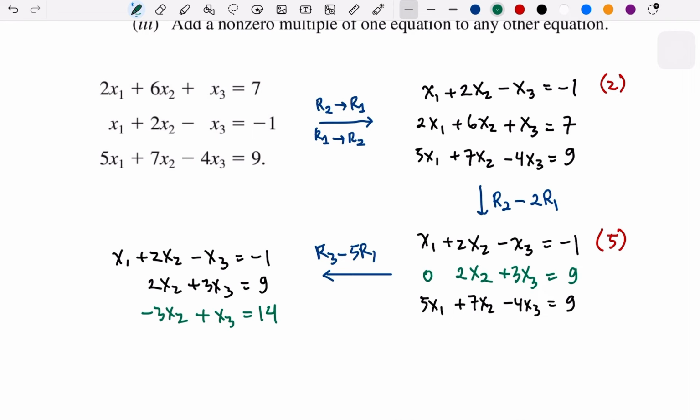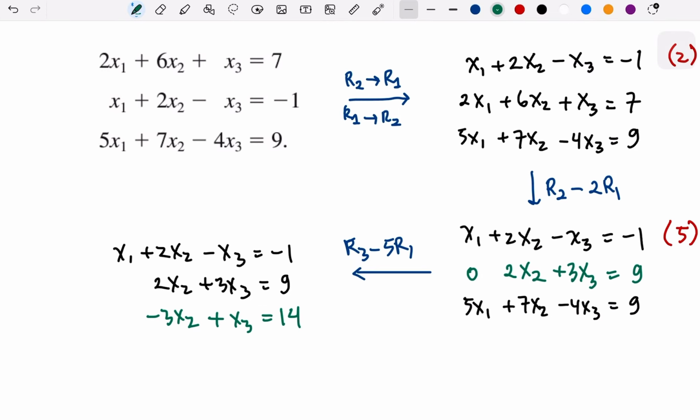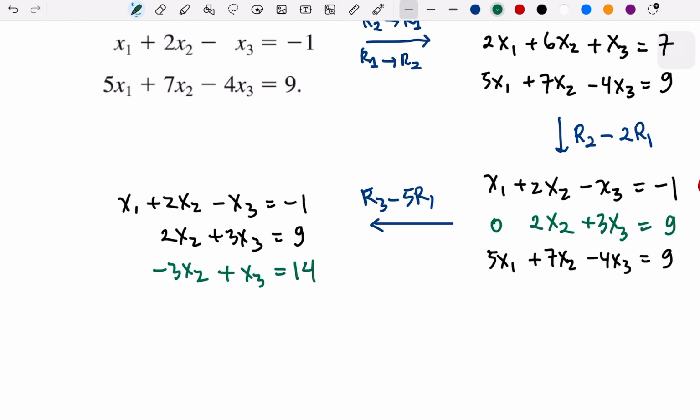So I will change the row 1. Okay. So the first, let me write here. This is R1 minus R2.